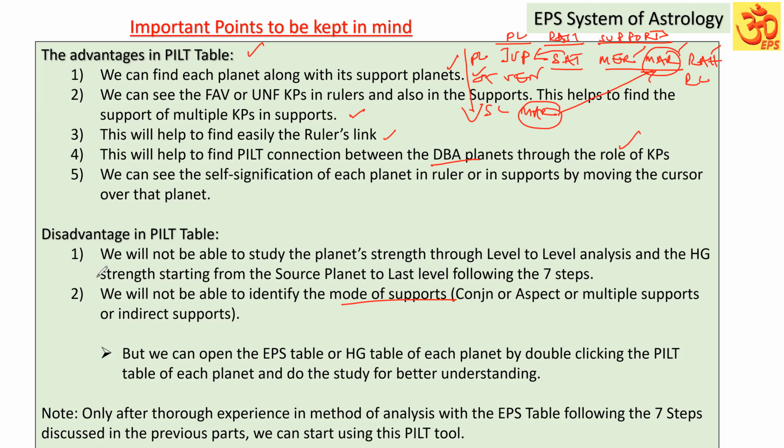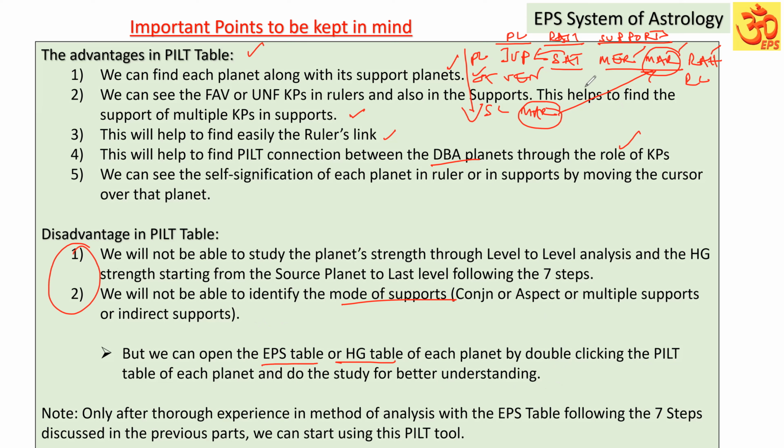But though these two disadvantages are there, we can open the EPS table or the house grouping table of each planet by double clicking the planet in the PILT table and do the study for better understanding. When I am talking about Jupiter, as I was saying, Jupiter's significators, the planets' self-significators and the mode of supports, we will not be able to see.